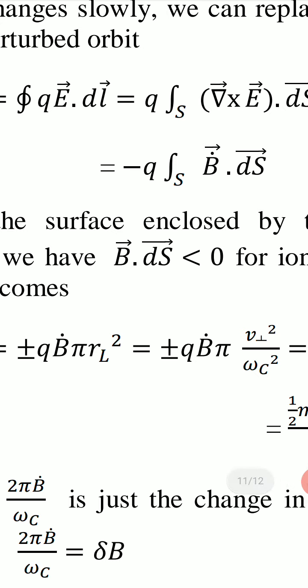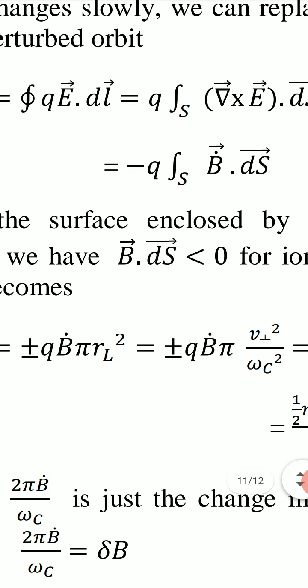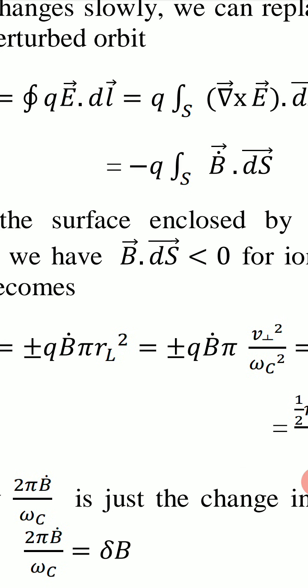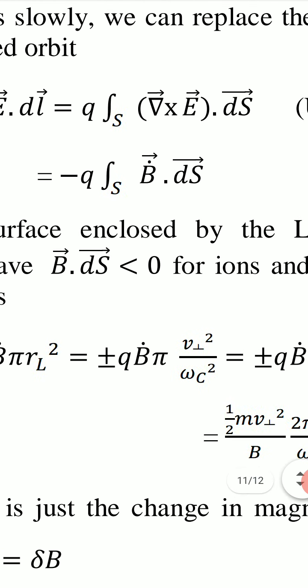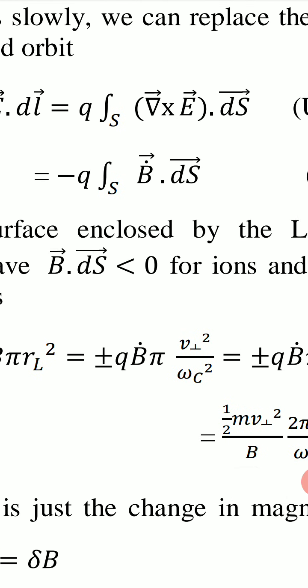Now this surface integral is for the surface area S, and S is the surface area enclosed by this closed curve. The closed curve is a closed circle. It is the circular path of the charged particle. If this circular path encloses area S, then the integral for the right hand side is for surface area S, and we can write this as equal to minus q integral B dot ds.